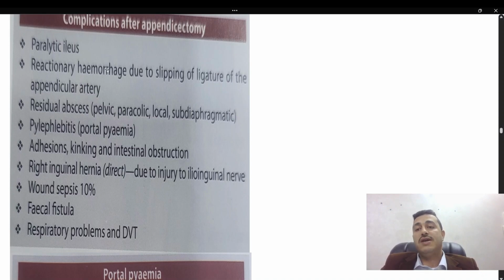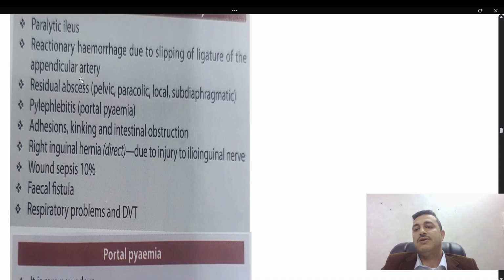Reactionary hemorrhage is different from secondary hemorrhage and primary hemorrhage. Actually, there is a difference. This is called reactionary hemorrhage.